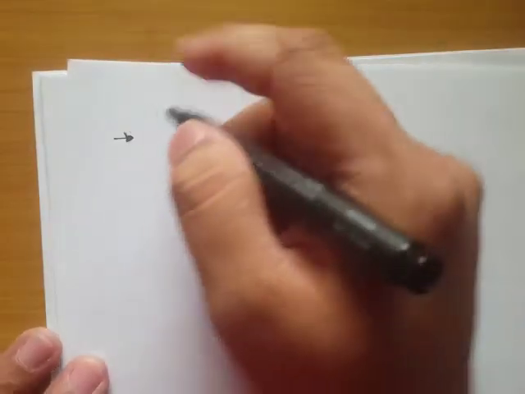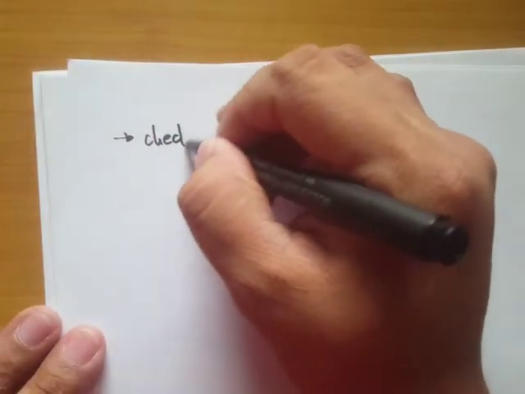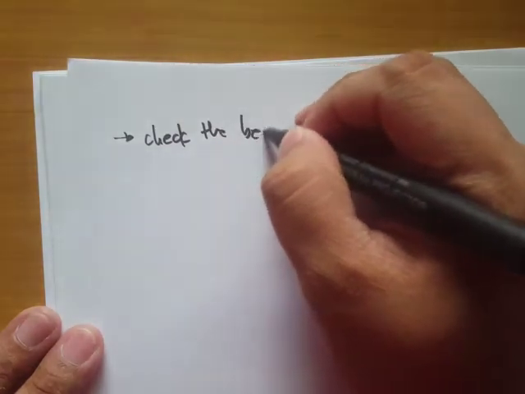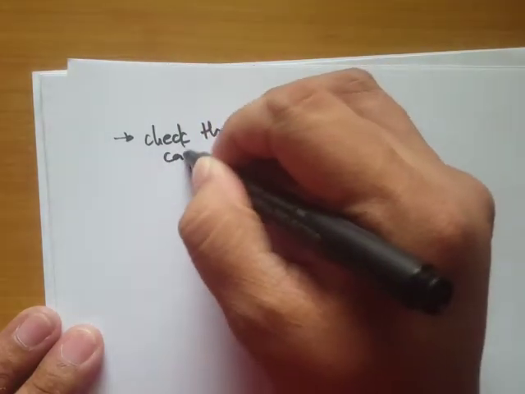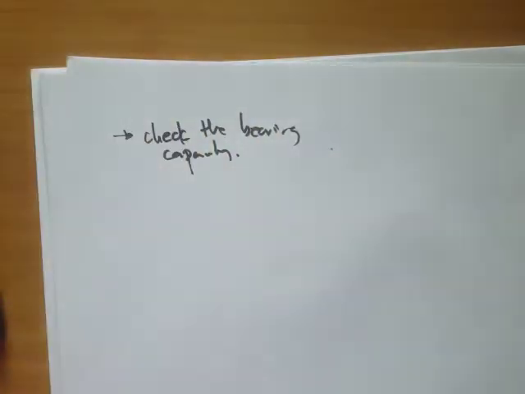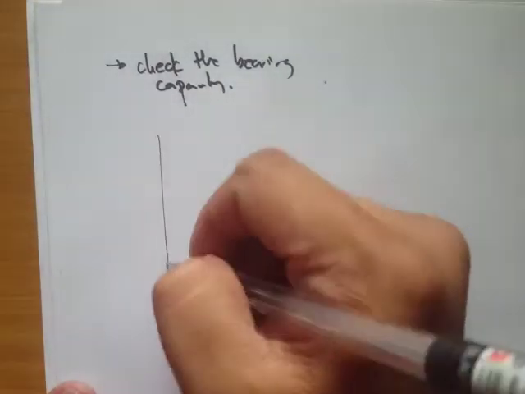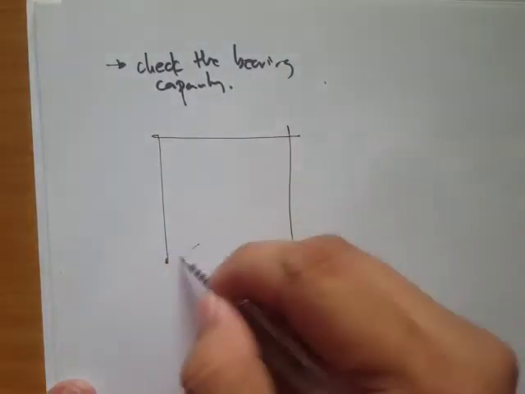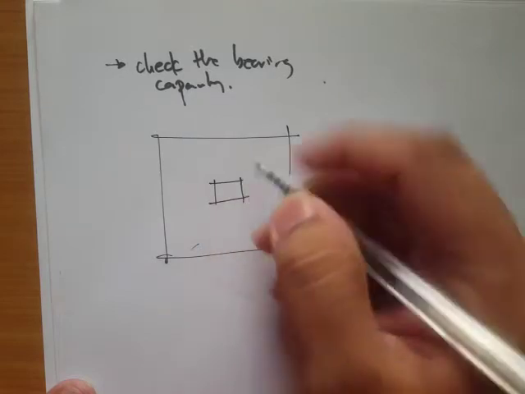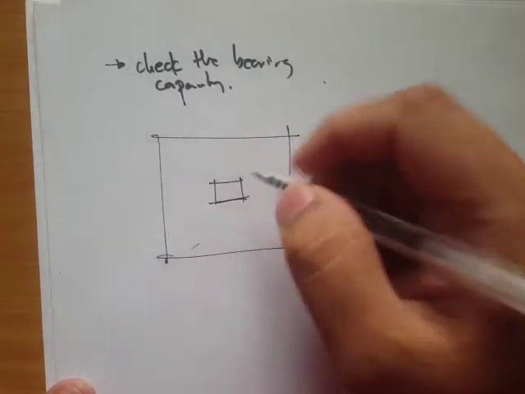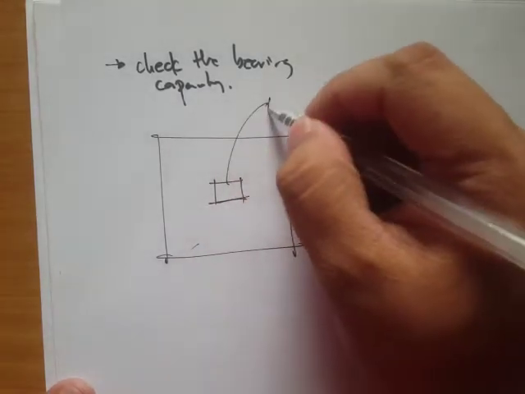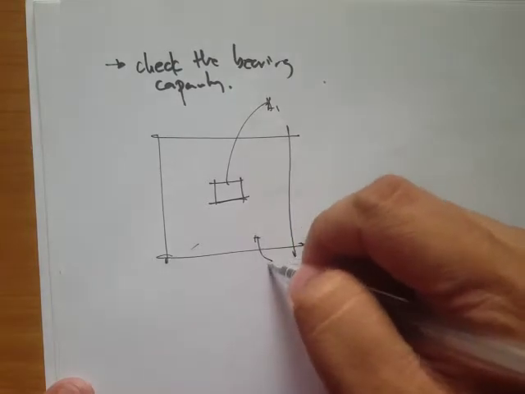Now let's check the bearing capacity. First we have to draw our footing again, and we have these areas. This is area A1, and this is our area A2.